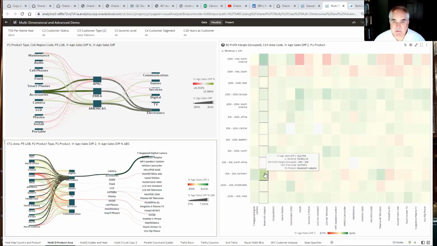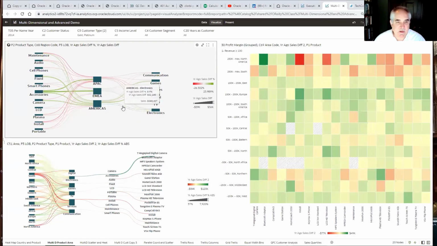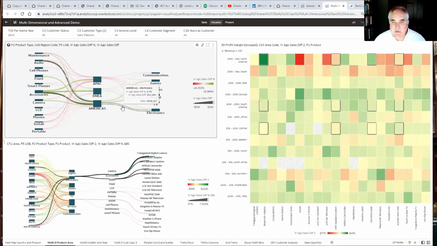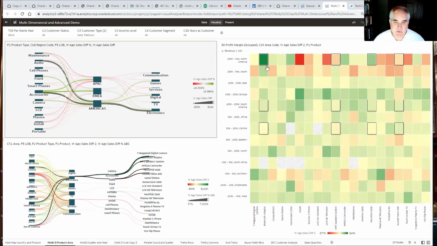pivot heat map. Okay, and so that's how these are meant to be used together, is to formulate your questions, looking at relationships, and then finding discrete values and look it up and see it within a context on the table. Go ahead.